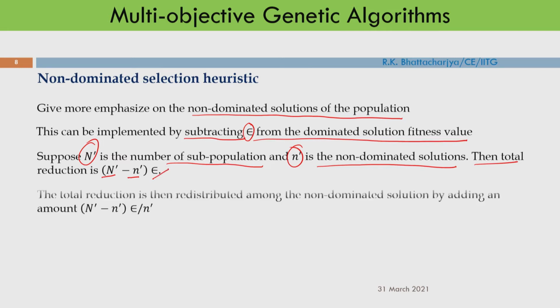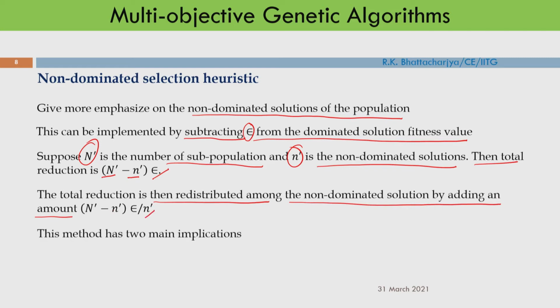Now we are equally adding this to the non-dominated solutions. The total reduction is distributed among the non-dominated solutions by adding an amount equal to (N dash minus small n dash) times epsilon divided by small n dash. So, this method has two main implications. What are they? First, non-dominated solutions are given more importance.